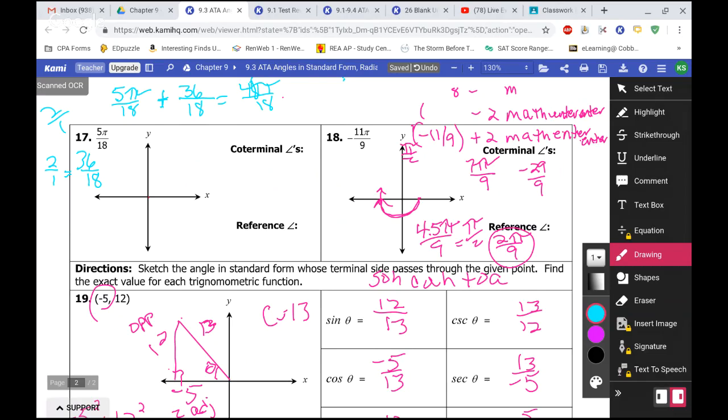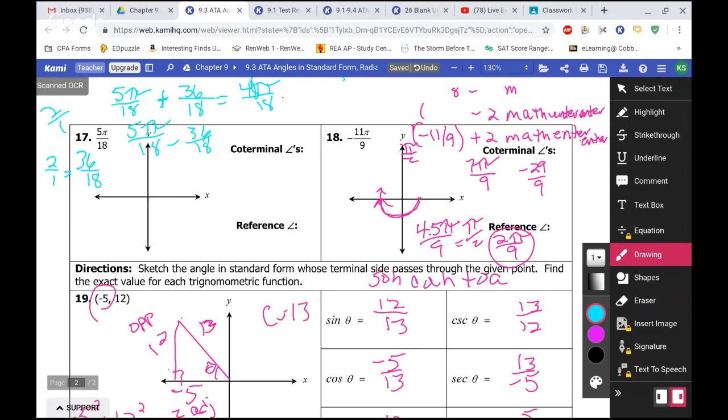I understand. Okay, so 41 pi over 18 is a coterminal. Yes. And if I was going to subtract to get the other coterminal angle, would you multiply the denominator by -2 and -1? Well, I'm just going to subtract 36.